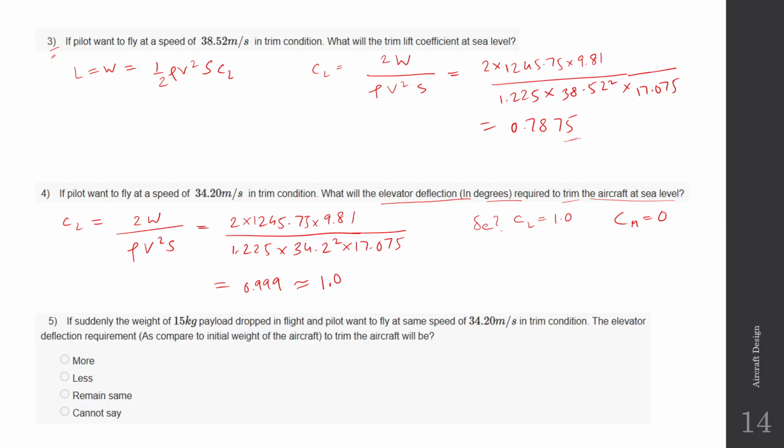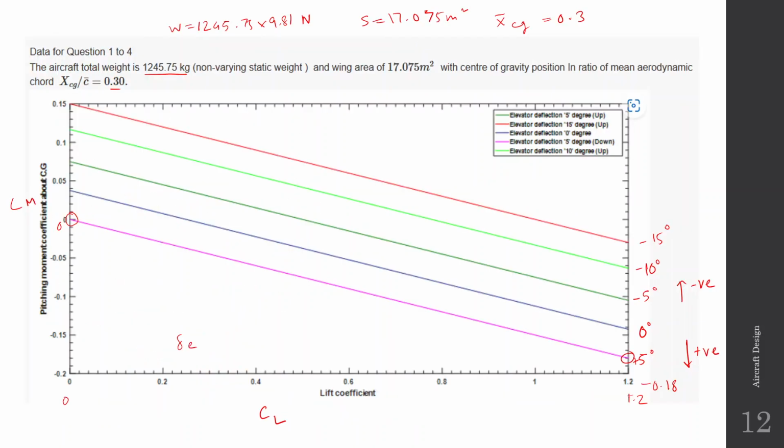For this question we'll use the graph. We know the conditions here, that Cm has to be 0 and Cl has to be 1, and we have to find out the corresponding elevator deflection. So for that we have to draw the line.